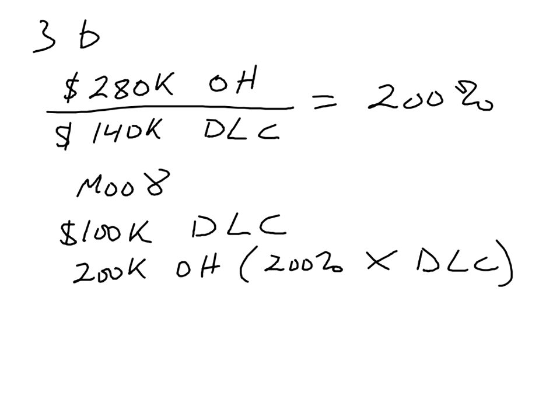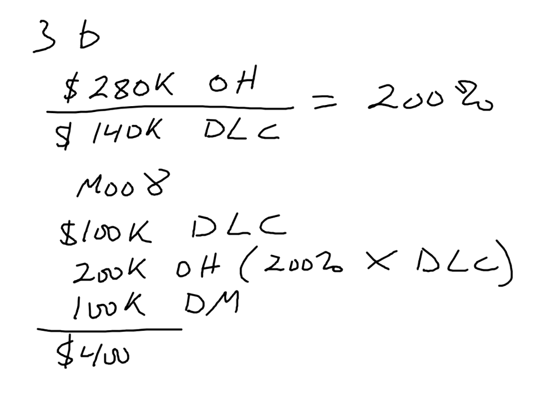And then the question also wants us to calculate total unit cost. So from here, we're going to just add our direct materials, which is 100,000. So our total cost is 400,000. And we divide that by the number of units, which is 12,000 units.